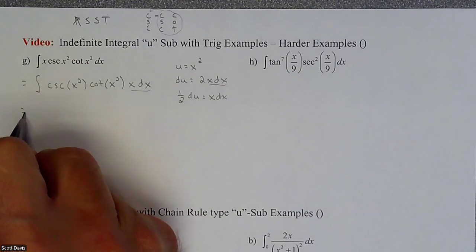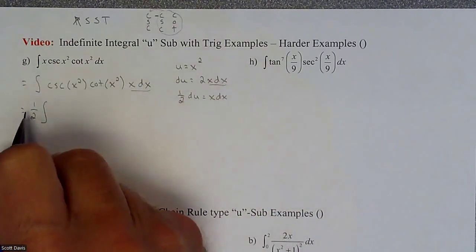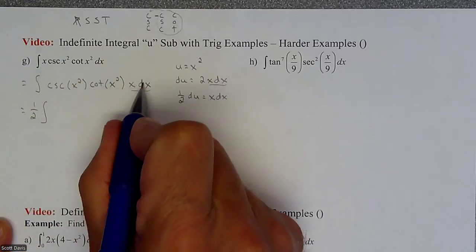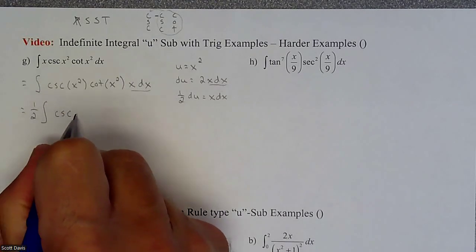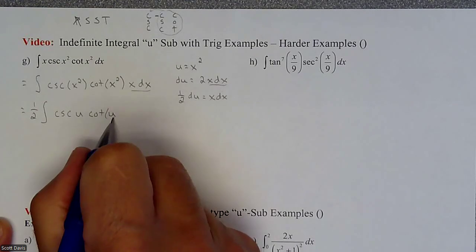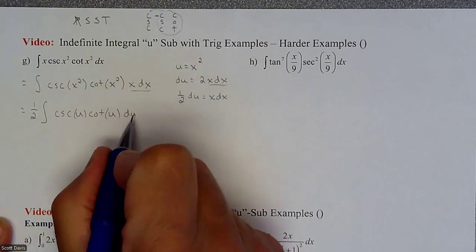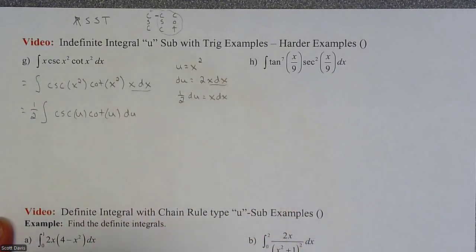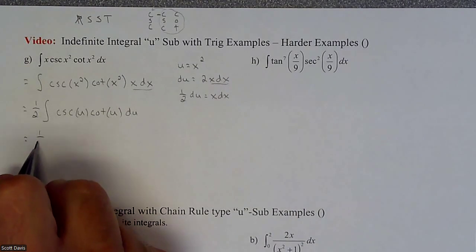So if I rewrite this, I have a 1/2. So that 1/2 is here. And then I'll have a du subbing out the rest of that. But this is going to be cosecant u cotangent u. And then the rest of that just becomes du. So I do my antiderivative. And so I have a 1/2 still.